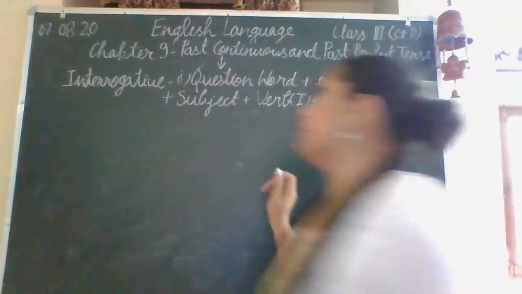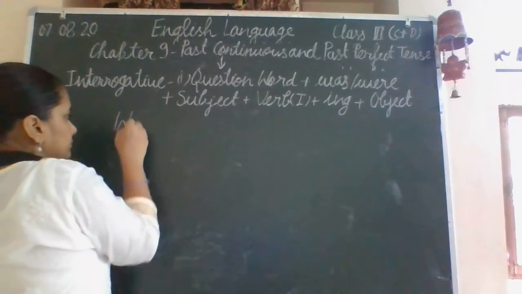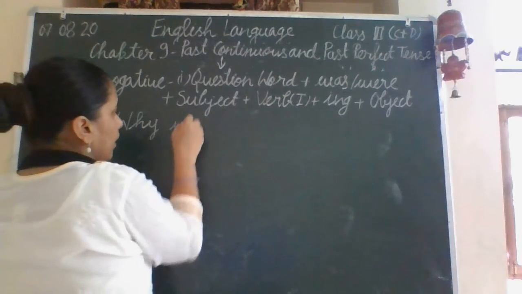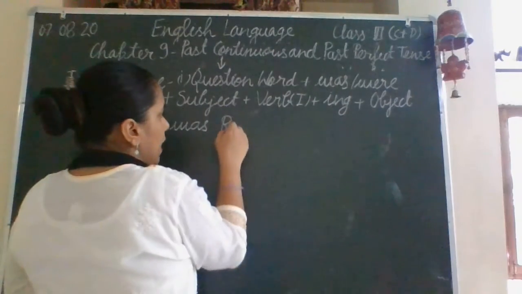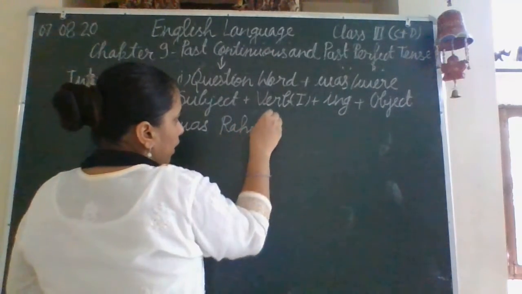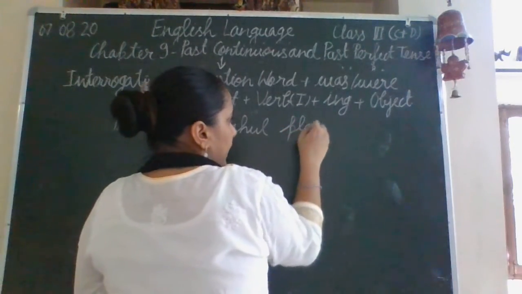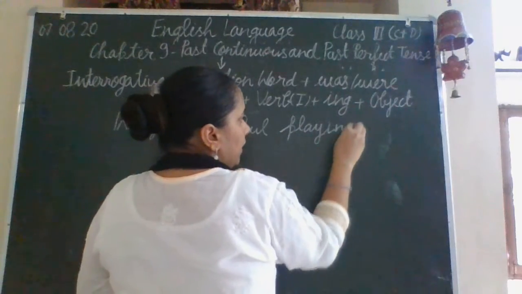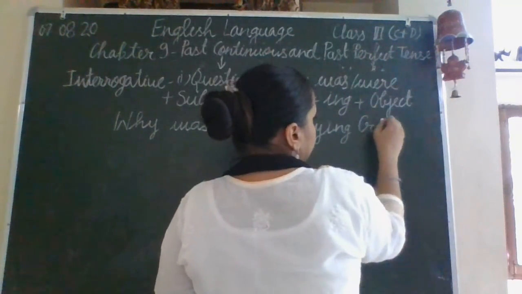Let's take the same example. For example, the question word I am taking here is why. So, why was, subject Rahul, first form of verb play, with that I will put ing, and the object is cricket.